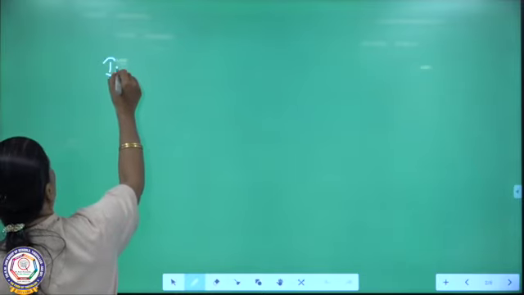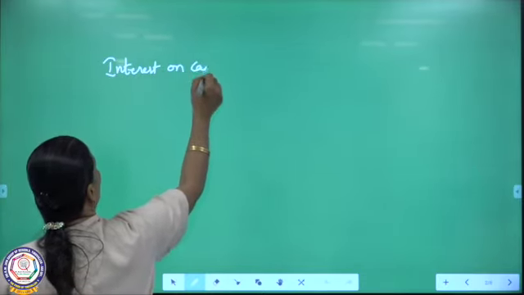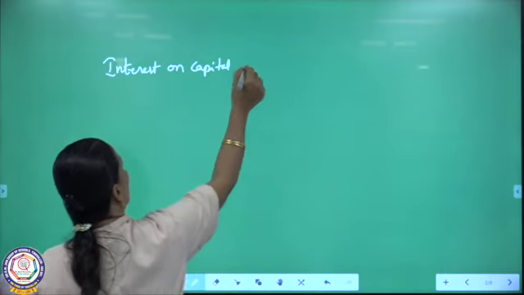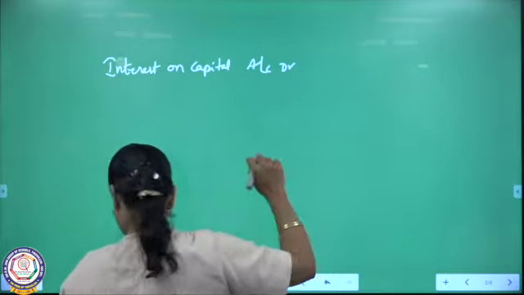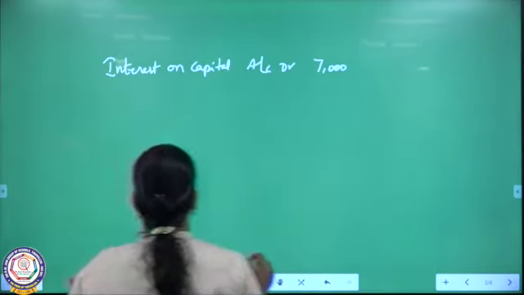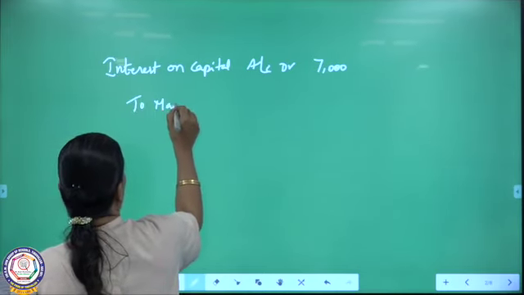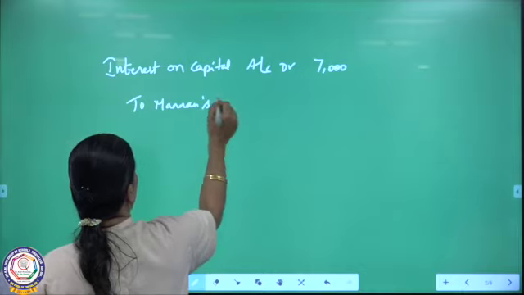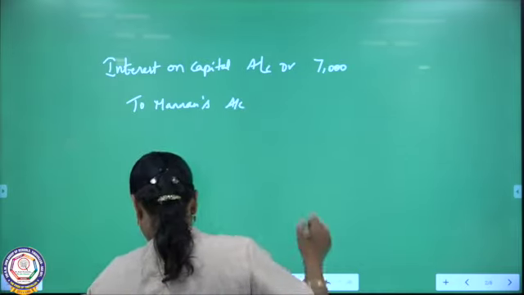How to do the journal? Interest on capital account debit. How much? 7,000. And then to Mannan's account, Mannan's capital account or Mannan's account?